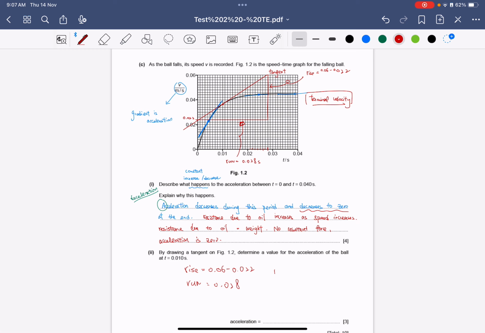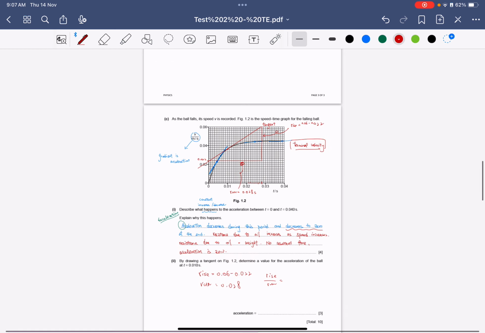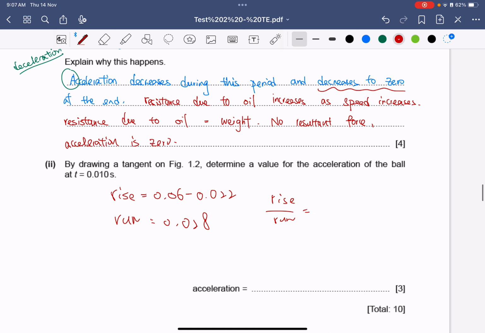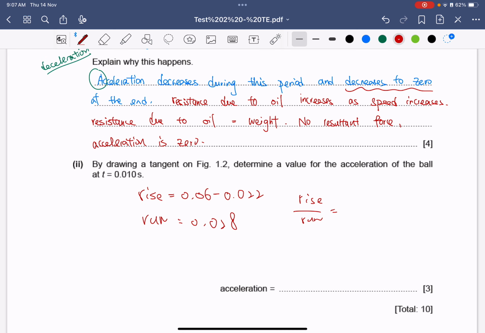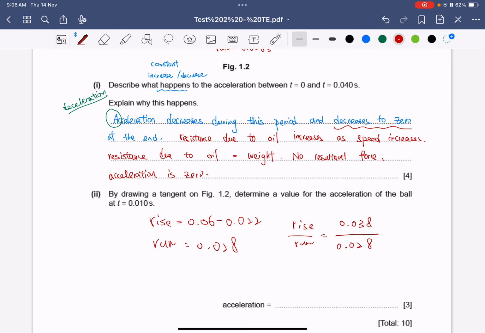So rise over run: 0.06 minus 0.022, that is 0.038 over 0.028. So divide by 0.028. We get 1.357.